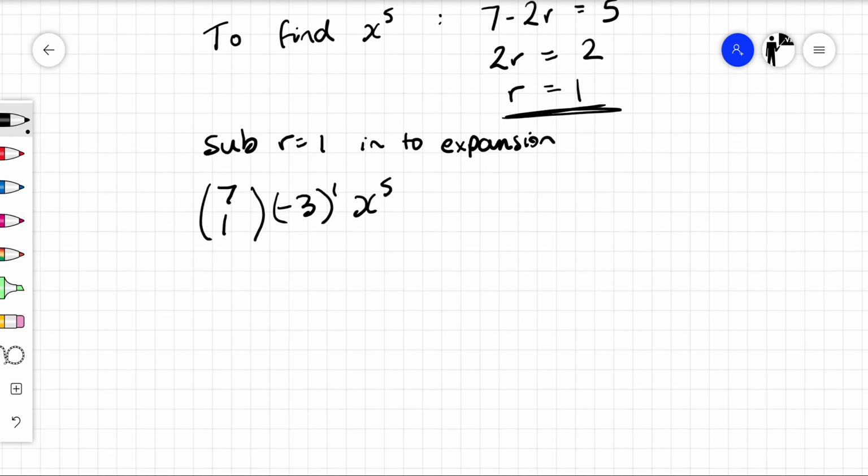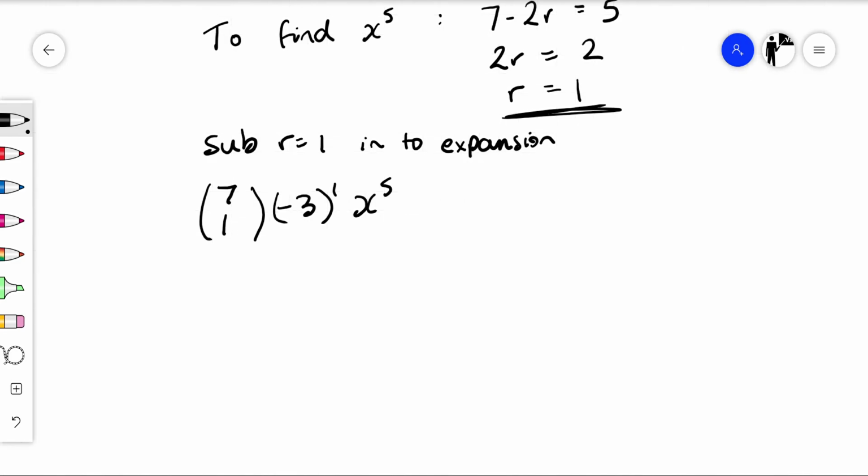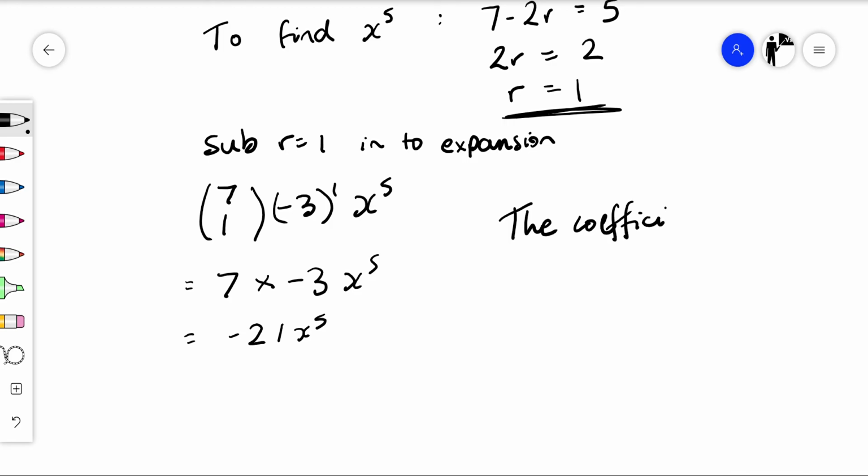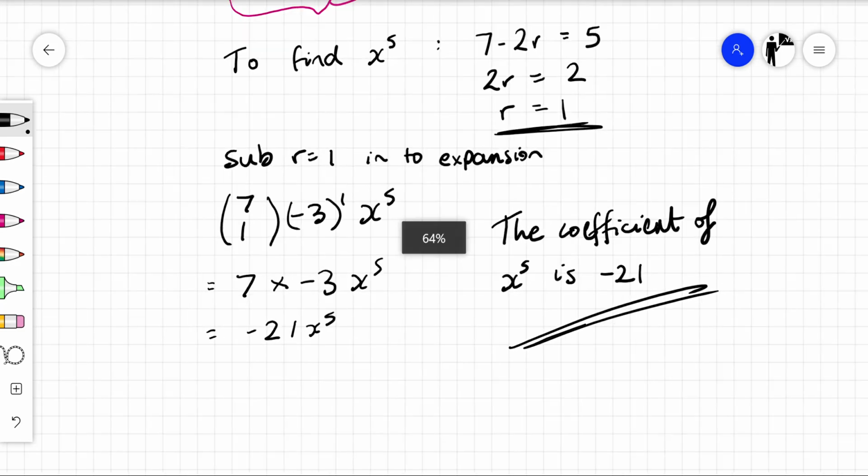So 7 choose 1 is 7, so that's going to become 7 times minus 3x to the 5, which is going to be minus 21 x to the power 5. So the coefficient of x to the power 5 is minus 21 in that expansion.